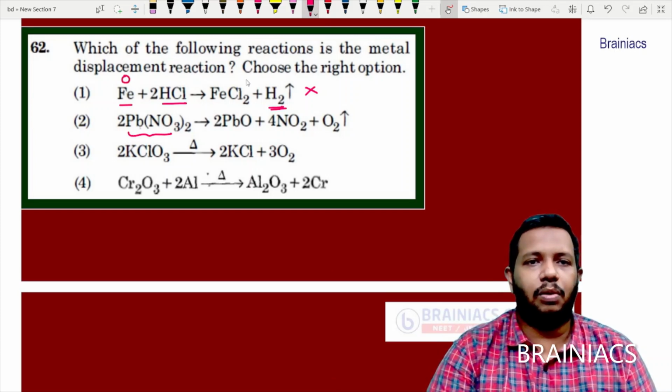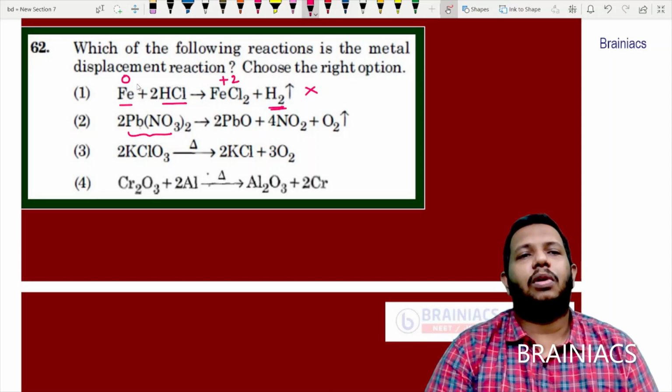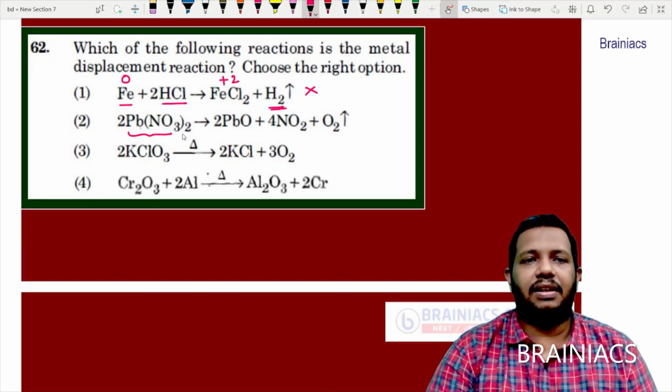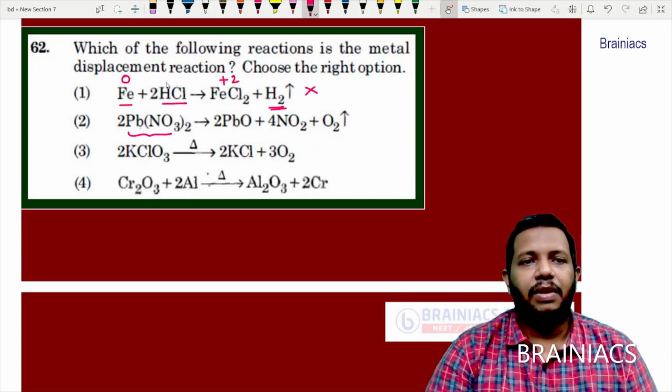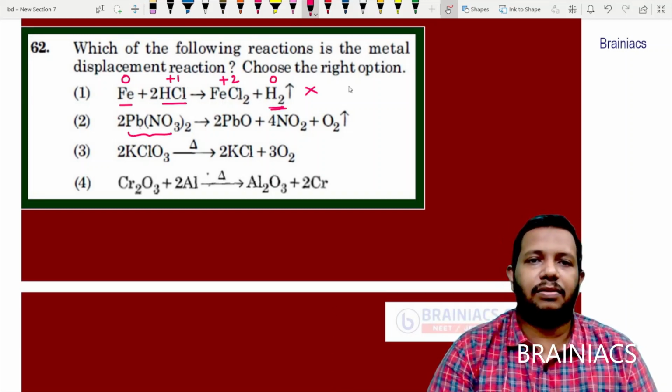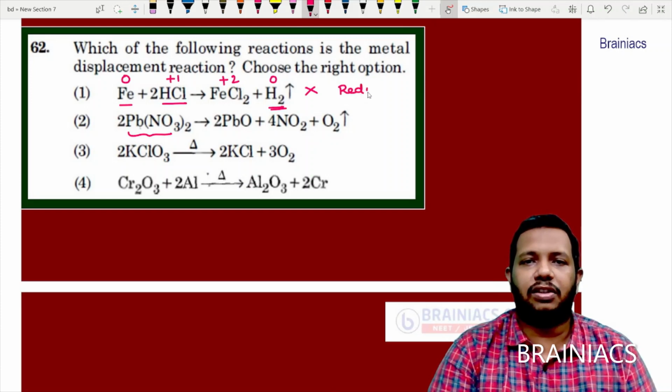Initially it was 0, now it is changing to +2, so the oxidation number is increasing. For hydrogen, the +1 oxidation state moves to 0, so the oxidation number is decreasing, so reduction is happening.